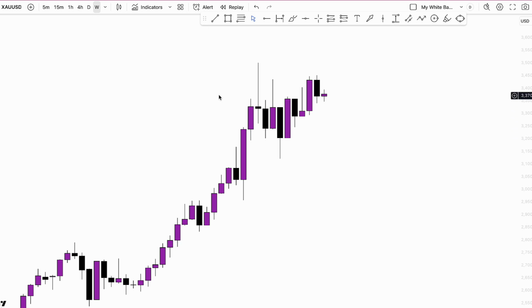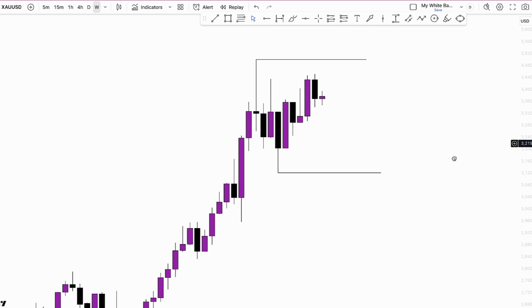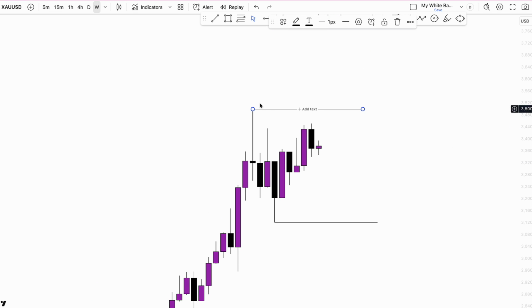All right. So where can you see the draw on liquidity? Here, above highs and below lows. So we have draw on liquidity here. That is the buy side liquidity on this side and the sell side liquidity on this side. Now, from what you see here, where can you see price is going to?